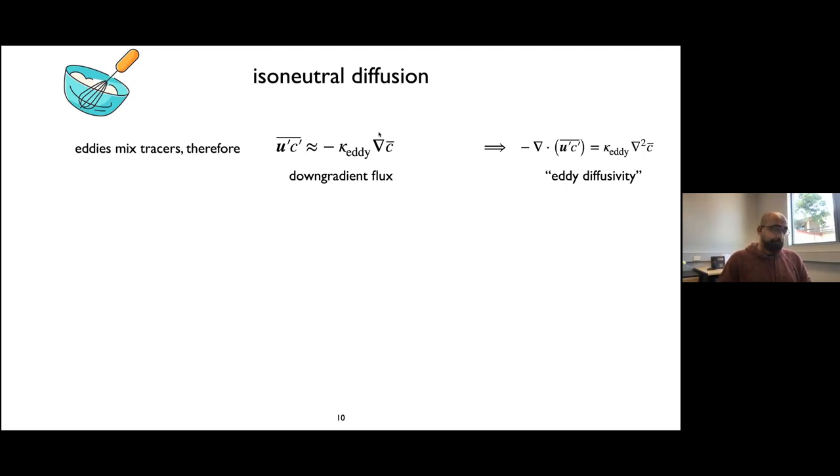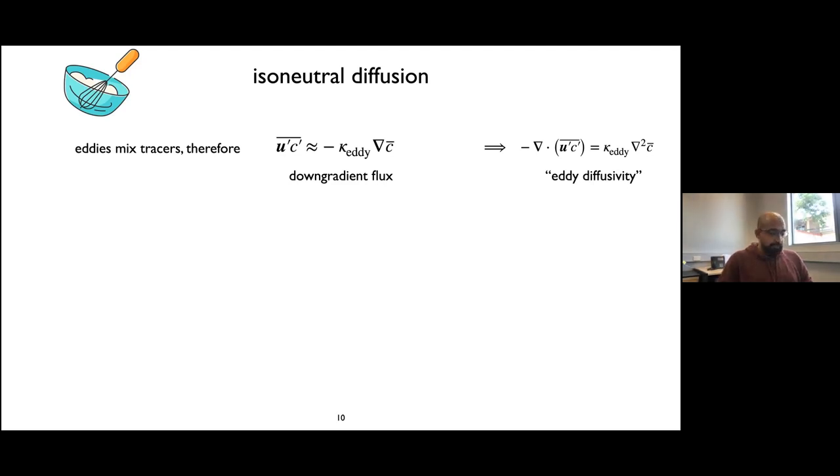If we approximate the eddy tracer flux as minus of some positive number times the gradient of the large scale tracer, then this makes the term on the right hand side that we didn't know be like an eddy diffusivity.